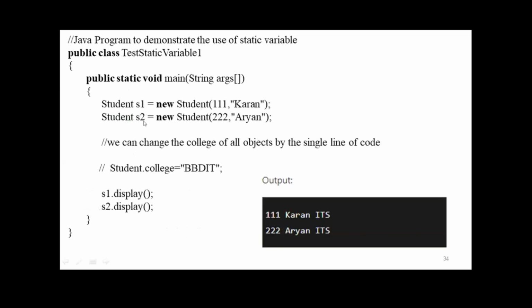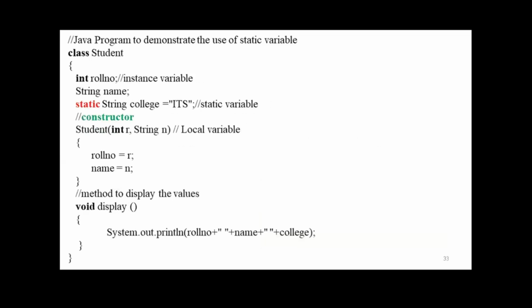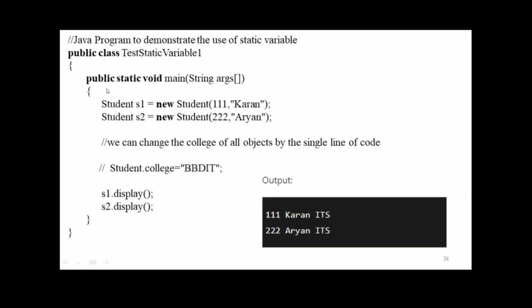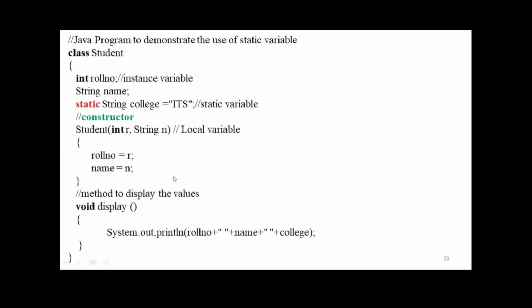Okay. And the static variable I declare directly and initialize directly. But roll number and name I did not initialize, so I'm initializing them later here. And I'm calling the display function. It is printing ITS. But how do you change the college name? With the class name. What is the class name?